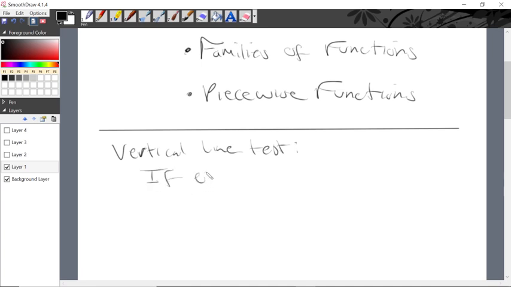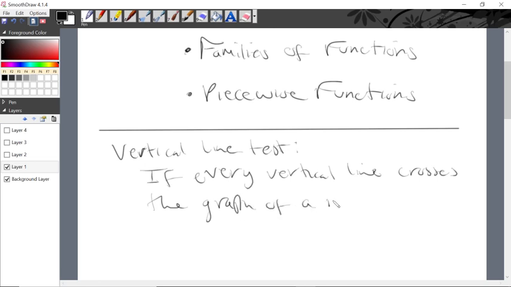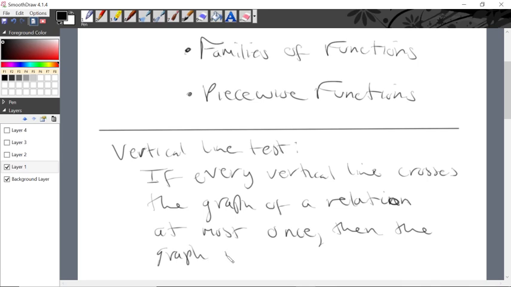If every or any vertical line crosses or intersects the graph of a relation at most once, then the graph represents a function.